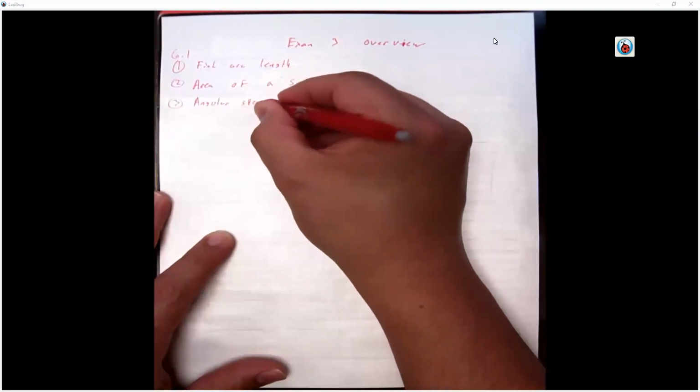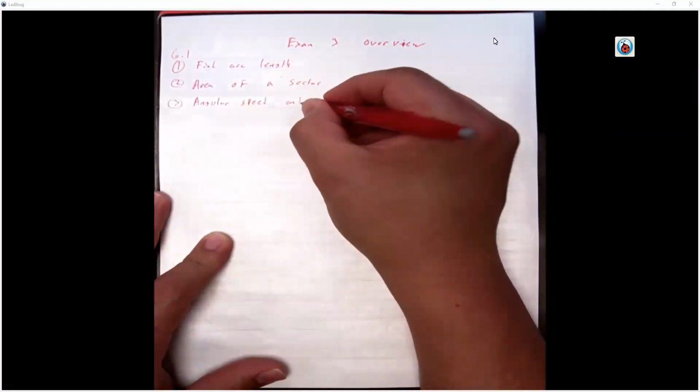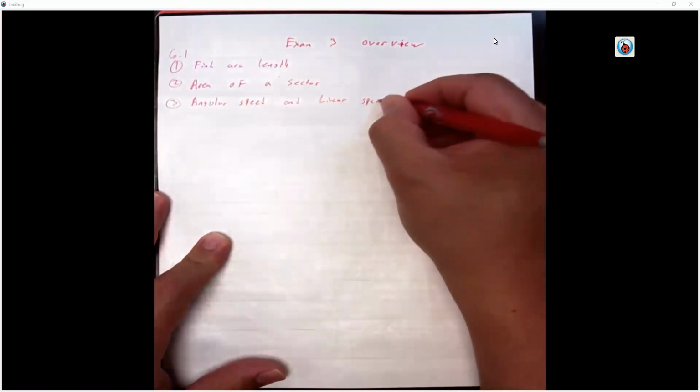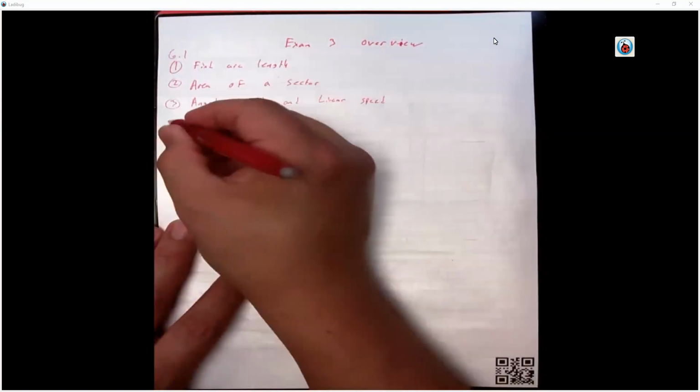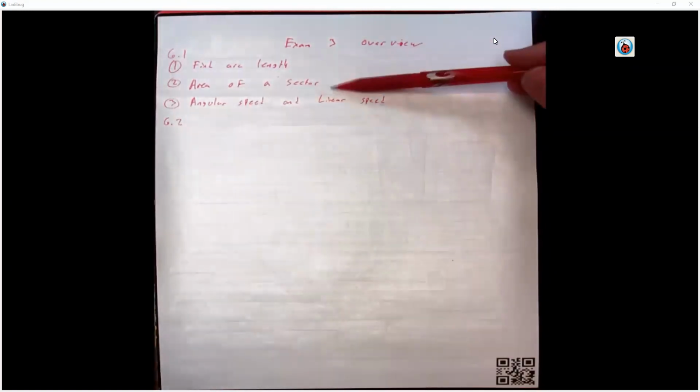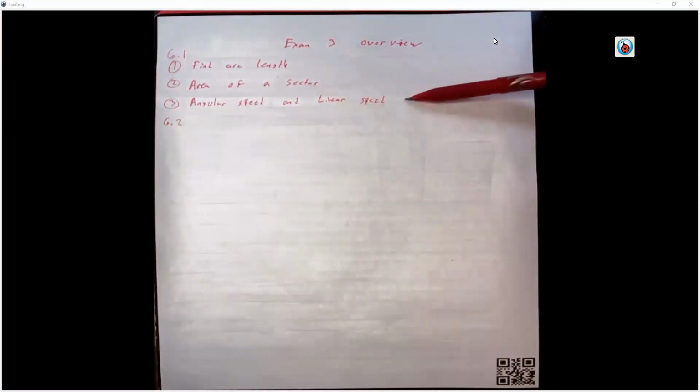I'm leaning towards no right now. But those are the only 3 things I care about in 6.1. So for sure, I'm going to ask about these 2. 3 is a maybe. So find the arc length and find the area of the sector. Those are 2 formulas that need to be on your page. If you forget them, I'll put them on the board for you.